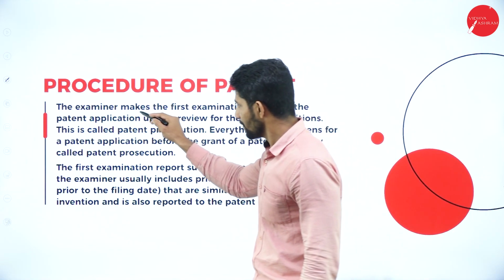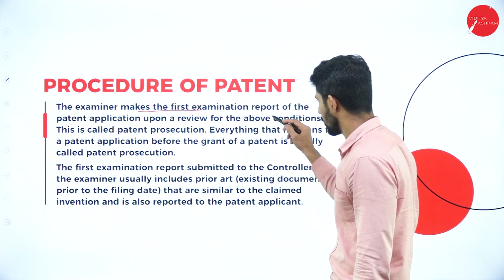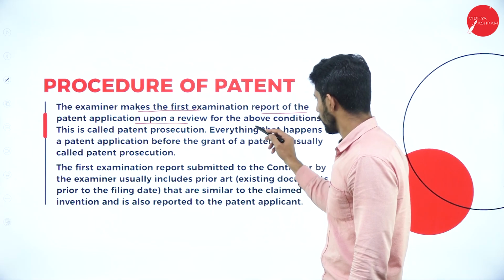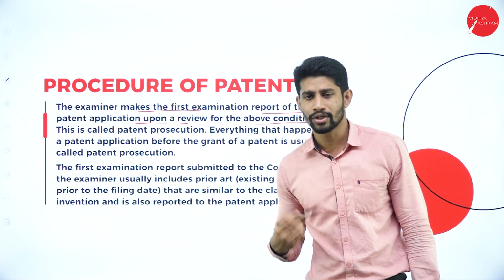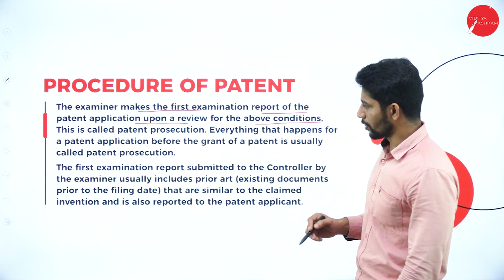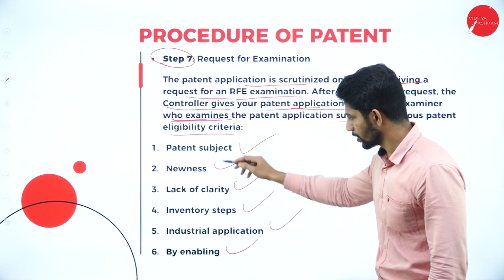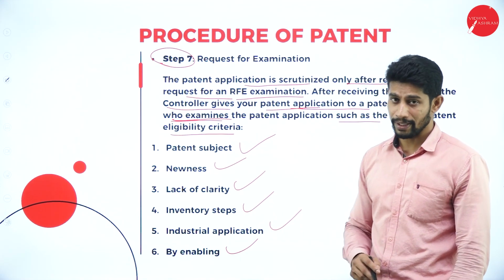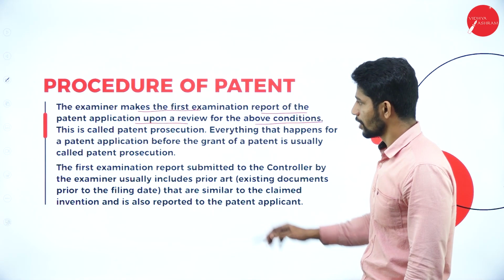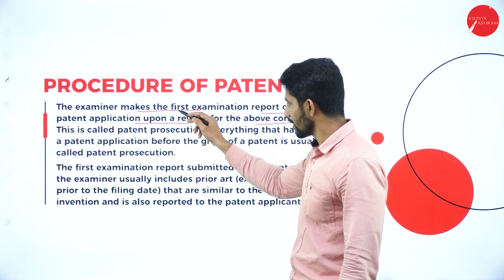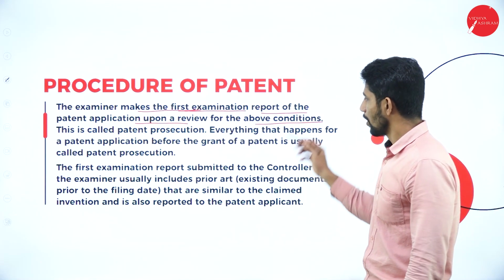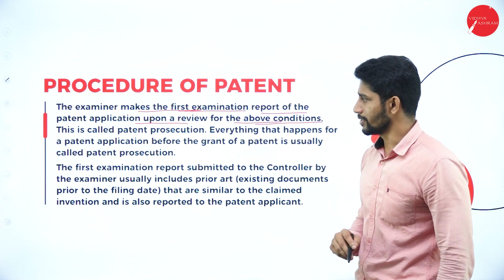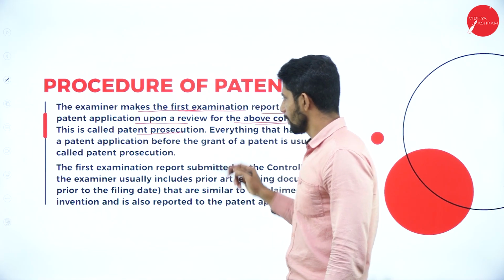The examiner makes the first examination report on the patent application upon a review for the above conditions. So once the examiner looks into all the information, that is the patent subject matter, newness, lack of clarity, inventive steps, industrial application, and enablement, the examiner makes the first examination report. This is called patent prosecution.